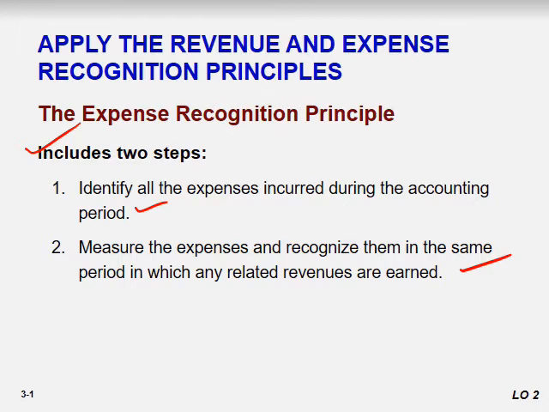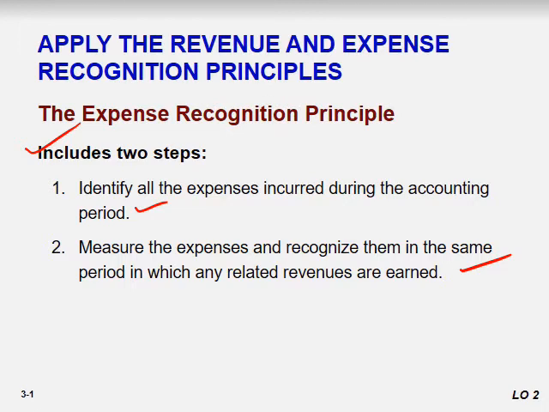So what does it mean? It means to recognize expenses along with related revenues, which means to subtract expenses from the revenues to compare net income or net loss. Right?